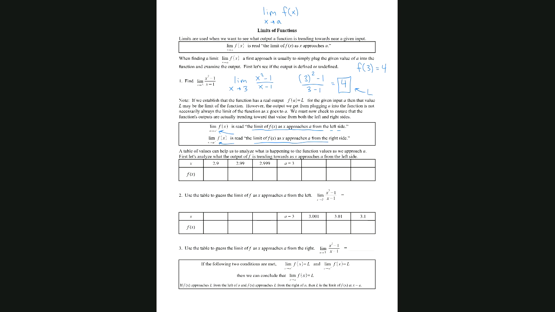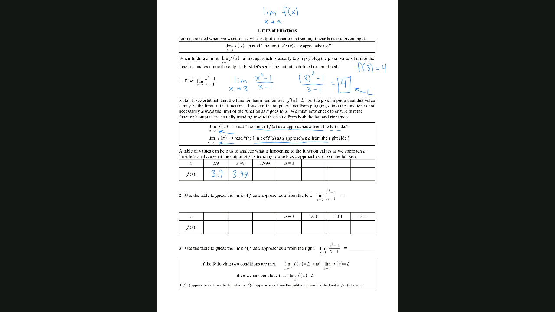I'll plug in x's that are arbitrarily close to 3, but a little bit less than 3. So I'll do 2.9 squared minus 1 over 2.9 minus 1. The output of the function for that input would be 3.9. Now I'll change the input to 2.99, so I'm getting arbitrarily closer to 3. Now our function becomes 3.99.